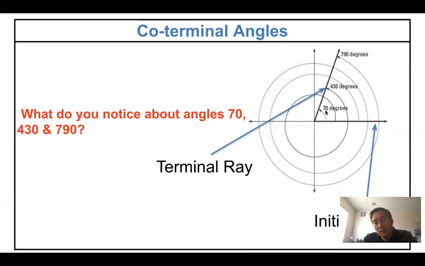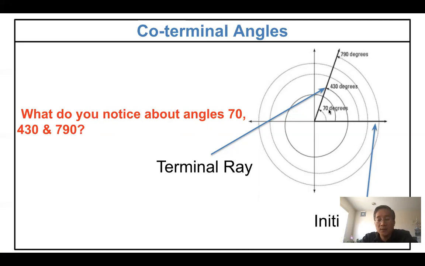So these 70 degrees, 430 degrees and 790 degrees, what do they have in common? They share this ray. We call them coterminal angles.